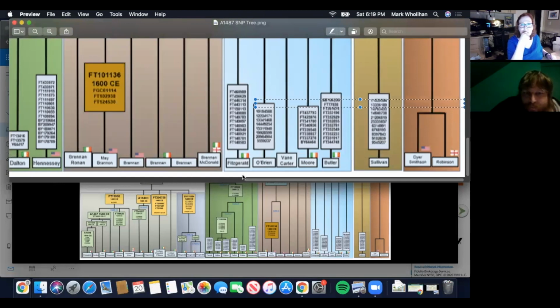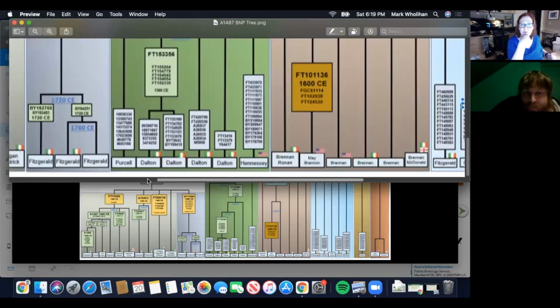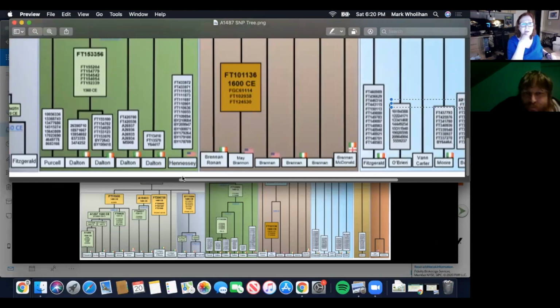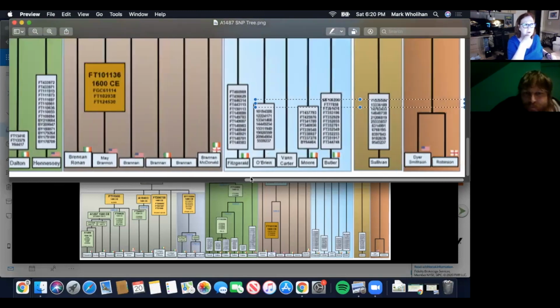What's really interesting is that Fitzgerald also shows up, and my great-grandfather married a Fitzgerald.